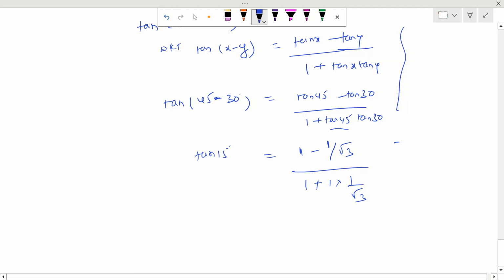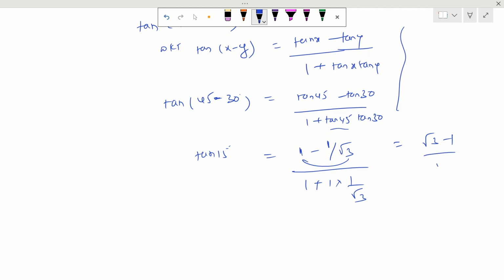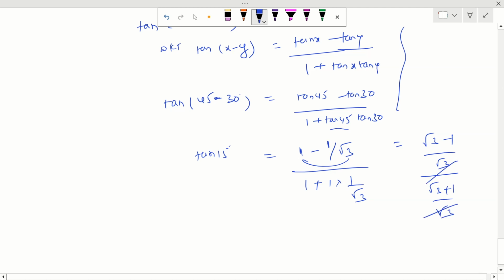Now simplify this one. Take the LCM root 3. It will be root 3 minus 1 divided by root 3, and root 3 plus 1 divided by root 3. Root 3 will get cancelled.